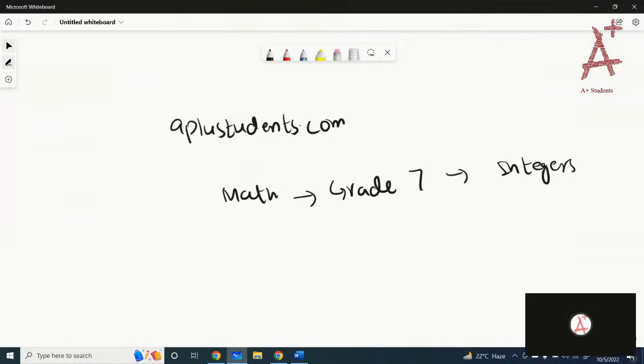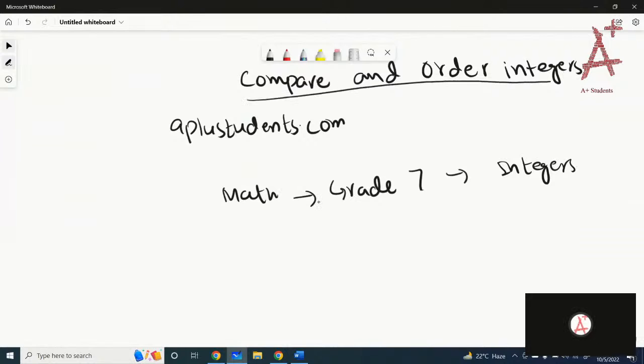So we're going to start with compare and order integers.